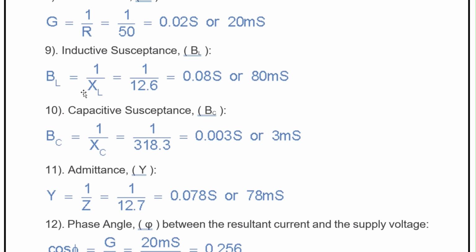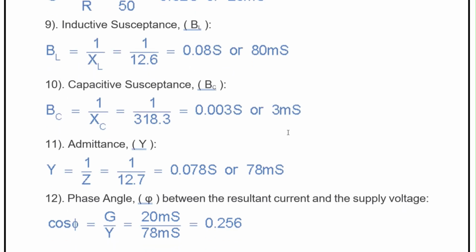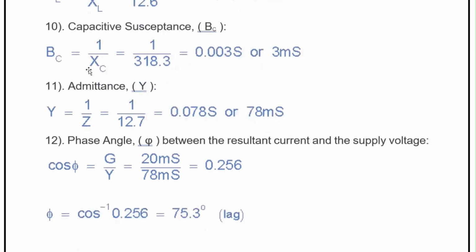Inductive susceptance BL equals 1 upon XL, 1 by 12.6, 0.08 Siemens, and this is nothing but 80 millisiemens. Capacitive susceptance BC is 1 upon XC, 1 by 318.3. This is 0.003 Siemens, that is 3 millisiemens.